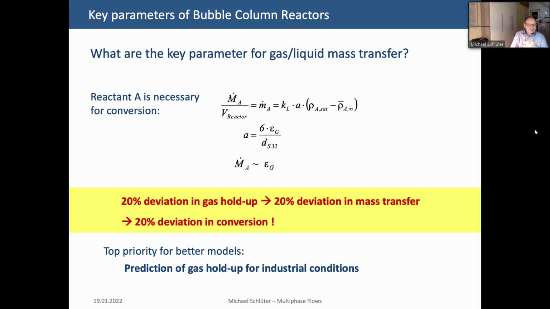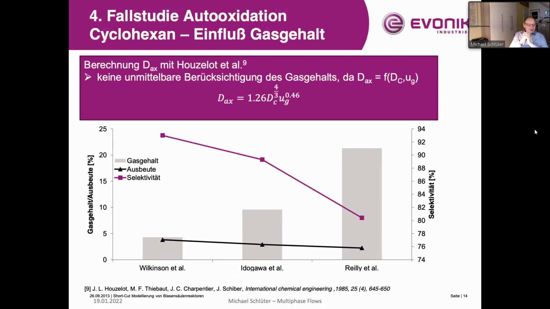And to show you how critical this indeed still is, I would like to show you some original slides from the company Evonik. Some of you might know them, and I know we have a group of Evonik. So it's a well-known, large German chemical company, producing a lot of basic chemicals.